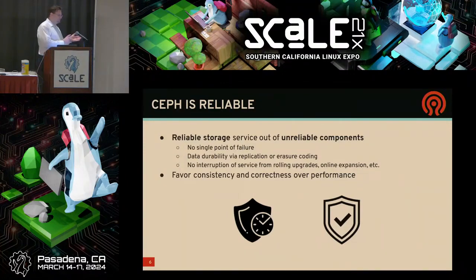Ceph scales out by adding resources, so you add more nodes when you need more capacity, or when something fails. The important constraint in designing the architecture is that Ceph is a reliable system built of unreliable components.